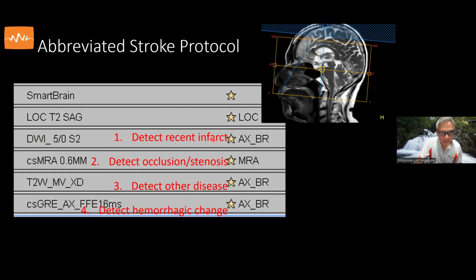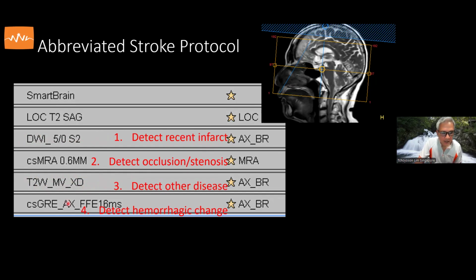So stroke mimics, we depend on T2 weighted MR images to assess, as well as other findings such as chronic infarctions, dementia and atrophy, etc.